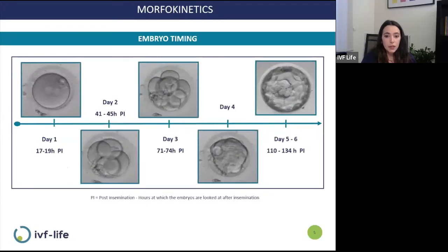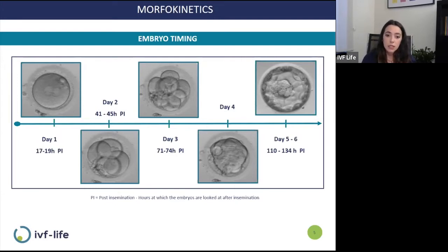In this slide, you can see the timing for embryo development. Day 0 or time 0 will be when the spermatozoa is fused with the oocytes. 17, 18 hours after this union takes place, we will consider it as day 1. At day 1, we will see if these oocytes have fertilized or not, and if the fertilization we can see is normal or abnormal fertilization.